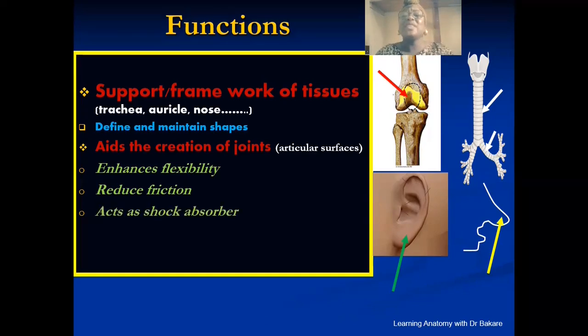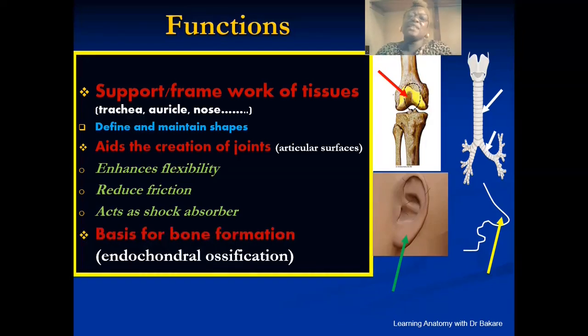And finally, it's going to act as a shock absorber. So when there are impacts created on these joints, the articular cartilages are seen to help absorb this impact so that the impact is not transmitted into the joint capsule where it can affect the joints. So they are not just seen to line the articulating bones, they're also seen to provide some form of functions around this joint. And this is what we have highlighted.